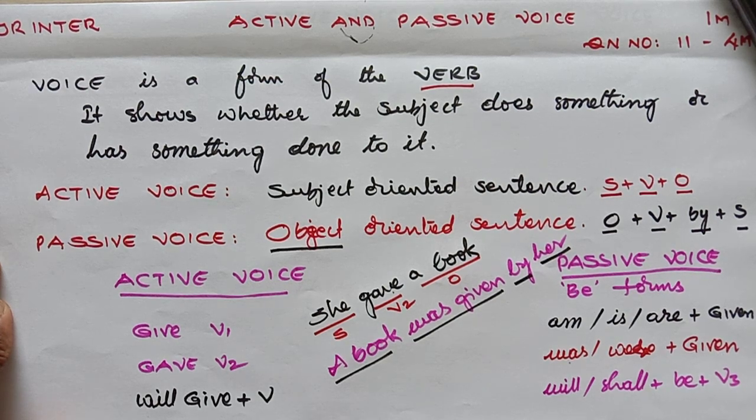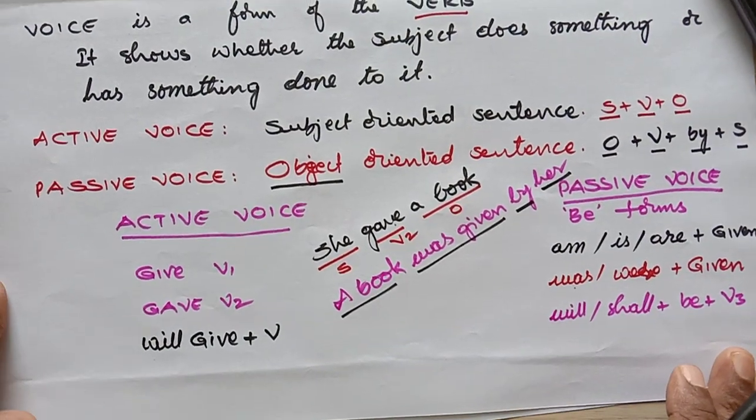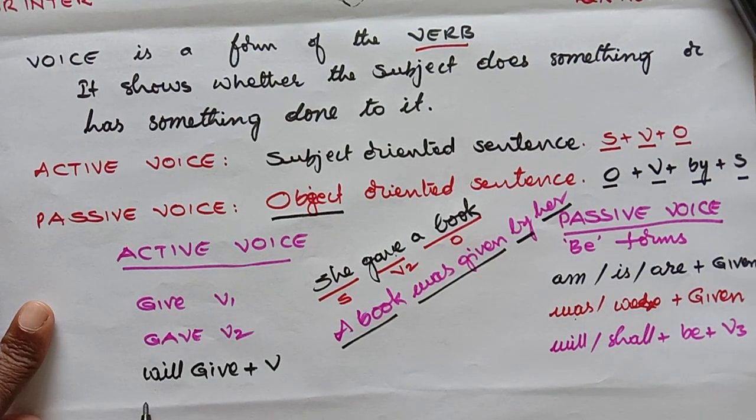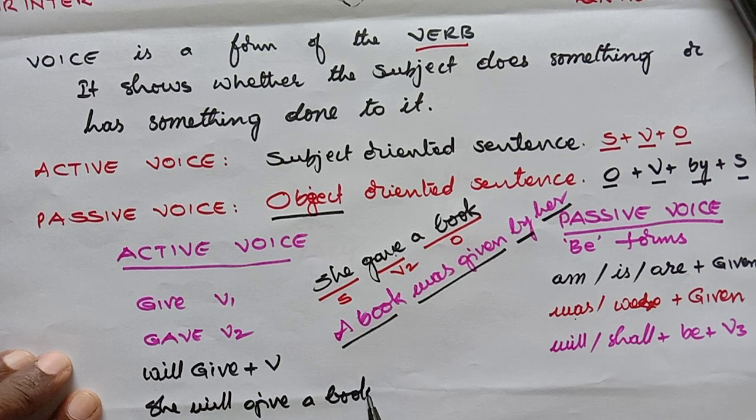Now, for example, if you write the same sentence as she will give a book, how can this be converted into passive?